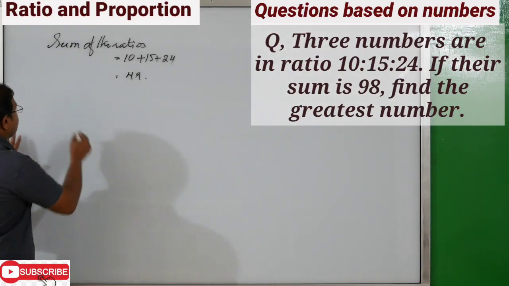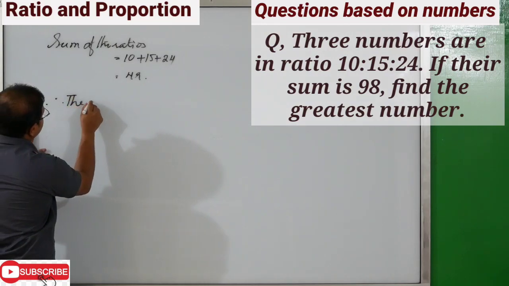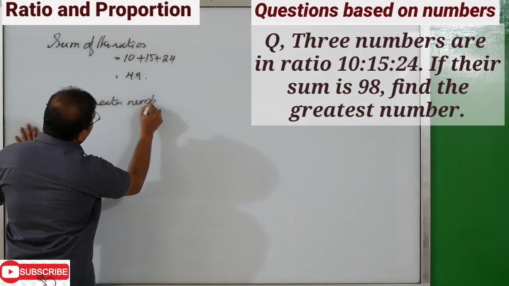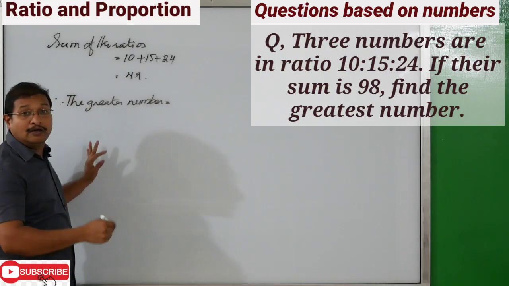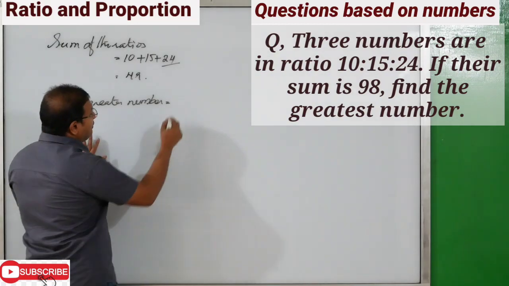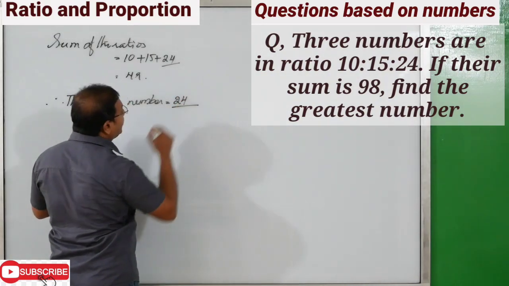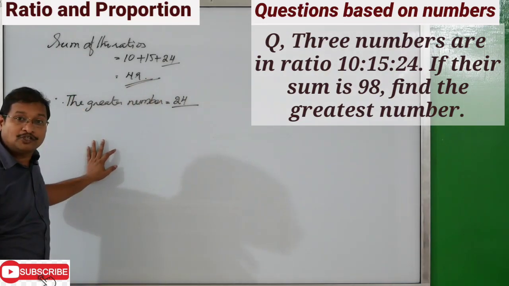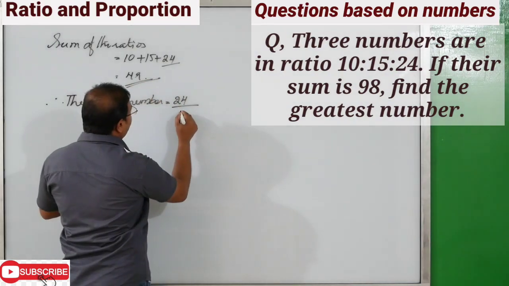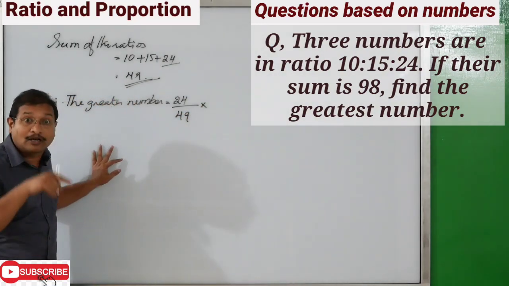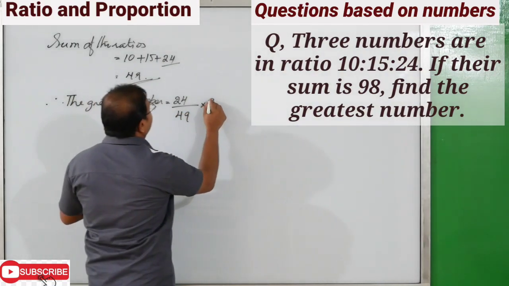Find the greater number. Greater number means what you do? The greater ratio belongs to the greater number. Ready? That means 24 divided by the total ratio. How much did you get? 49. That means 24 divided by 49 into the total sum, which is 98.